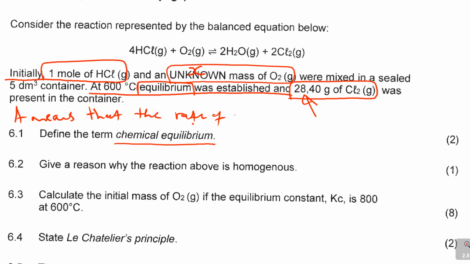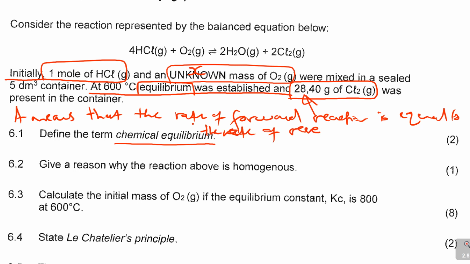Chemical equilibrium is when the rate of forward reaction is equal to the rate of reverse reaction. So the rate of forward reaction is equal to the rate of reverse reaction.